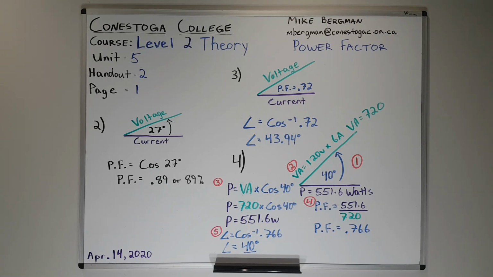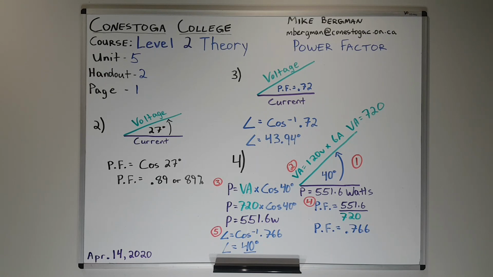So again, we're just using SOHCAHTOA, but instead of calling it the hypotenuse, it's the VA. So my power, which is what the question asked for, it wants the power in watts. Power equals my VA times cos of the angle. I know it's going to be times cos of the angle and not divided by cos of the angle because my power has to be smaller than my VA.